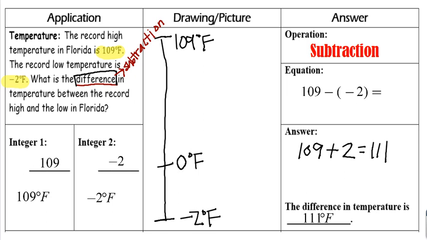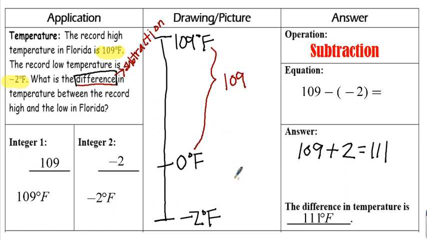Now, another important way to think about this is using the picture. If you look at the number line or the thermometer, 109 to 0 is a distance of 109 units. Remember how we talked about absolute value being a distance from 0, and the absolute value of 109 is 109.